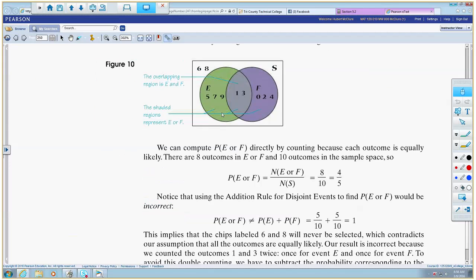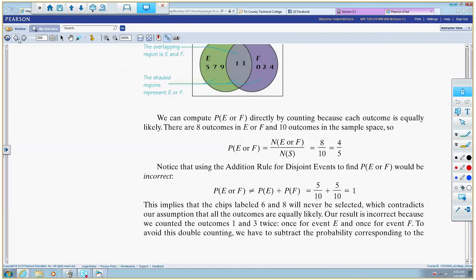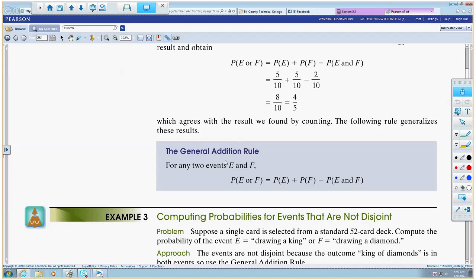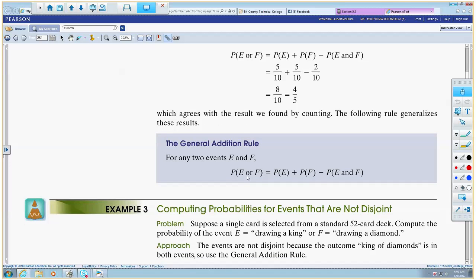They spend 15 minutes talking about joint and disjoint, and they don't need to. There we go. The general addition rule, write it down. Look at that word right there: or. When you see the word or, that is a magic word telling you to use the additive rule.